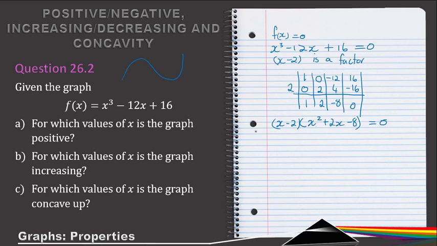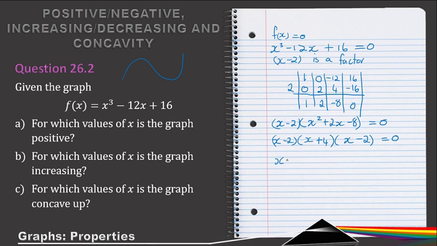So now I have to factorize this guy. The factors of 8 that work are 2 times 4. So I'm going to say x plus 4 and x minus 2 equal to 0.